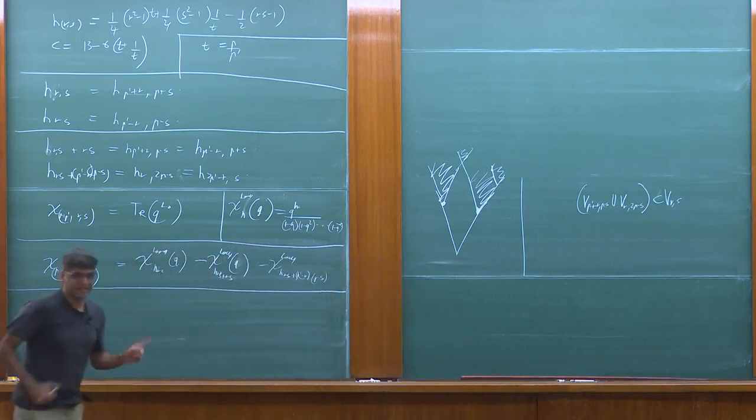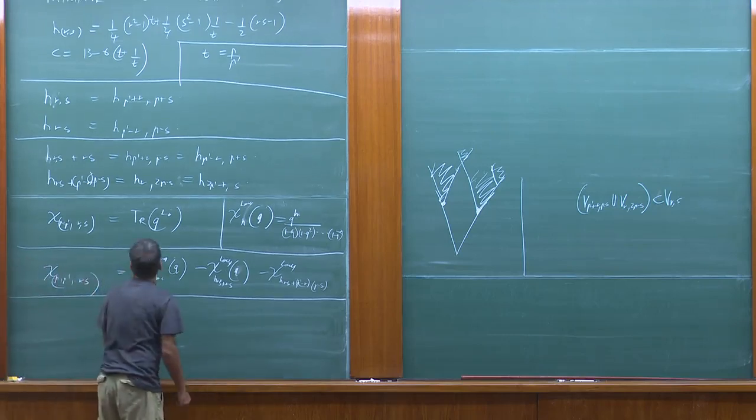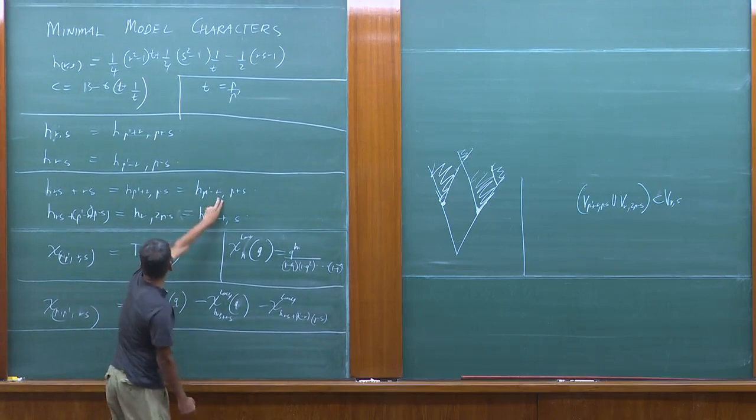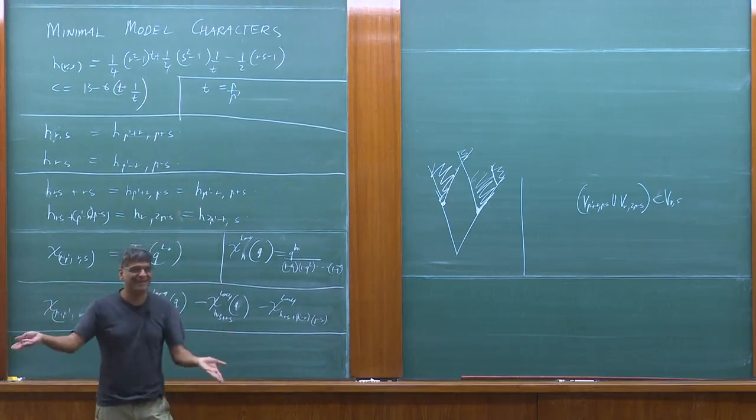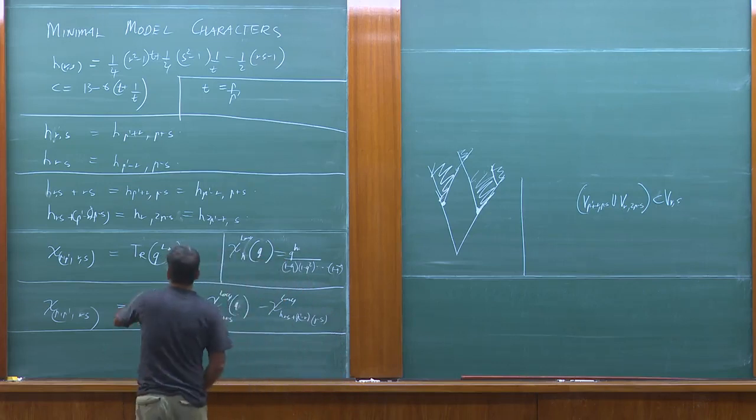Okay, let's check that this is correct. It should be one of these two and one of these two. Which one, of course, doesn't matter in the end, because they're the same numbers. So let's look.